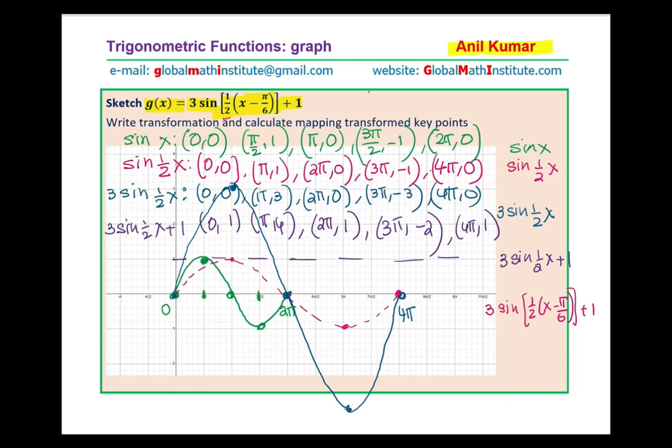So all these zeros will now move to this point, which is at 1. Makes sense? And all other points will move up by 1 unit, right? So the peaks will be further up by a unit. You get the whole idea.